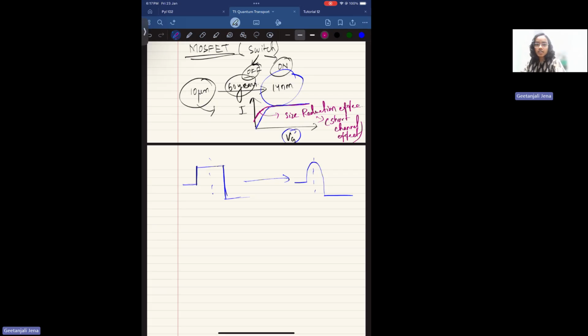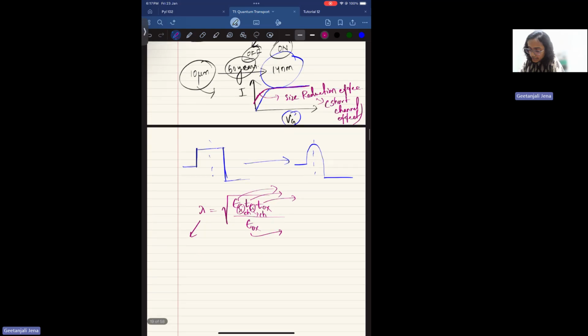That is lambda, which should be equal to the square root of epsilon_Si t_Si t_ox over epsilon_ox. Epsilon_Si is the permittivity of the channel and epsilon_ox is the permittivity of the oxide layer. t_Si is the thickness of the silicon layer and t_ox is the thickness of the oxide layer. So this is the scaling limit.